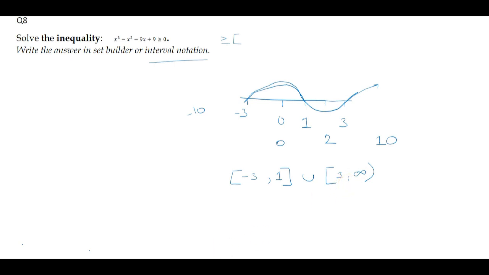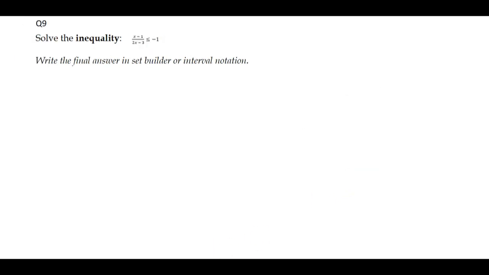Now we're going to go to question number 9. They want us to solve the inequality. So we're going to start by rewriting the inequality, and we have to add 1 on both sides of the inequality sign. So +1, +1, this 1 here cancels. Now we have (x minus 1) over (2x minus 3) plus 1.